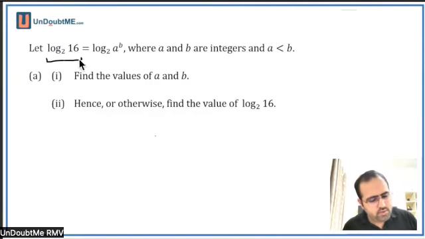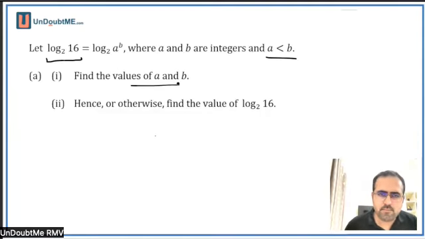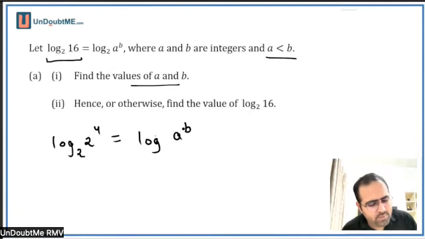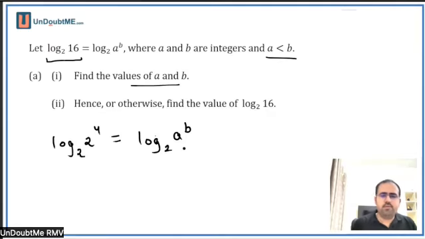Where a and b are integers and a is less than b, we need to find the values of a and b. It is a very simple question where we have to just compare both of them by using the properties of log. How? On the left hand side, we have log of 16, which can be written as log of 2 to the power 4 to the base 2. On the other side, I have log of a to the power b to the base 2.